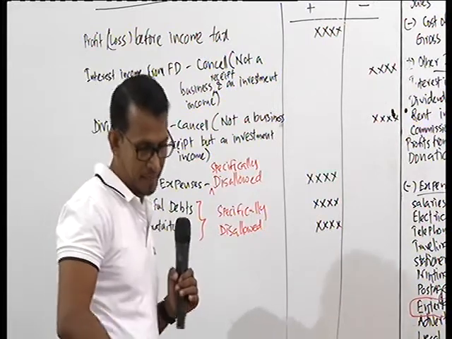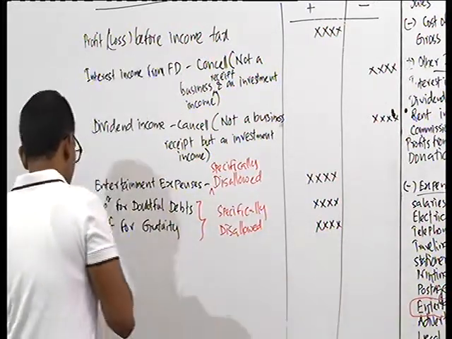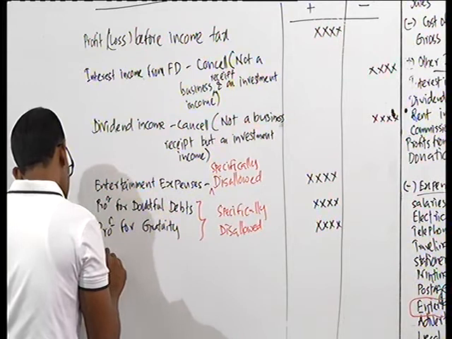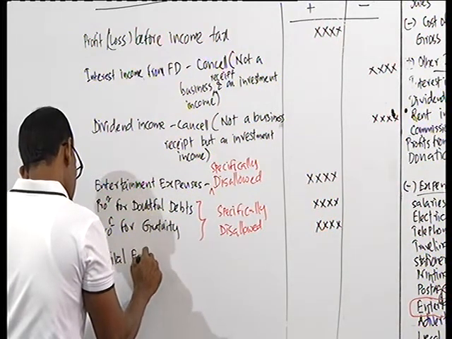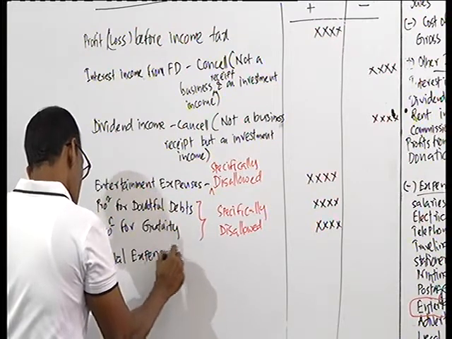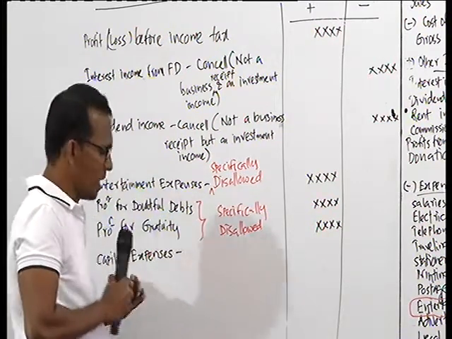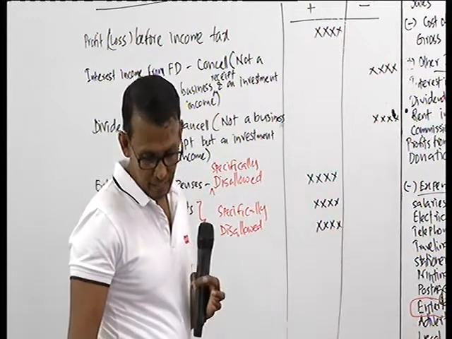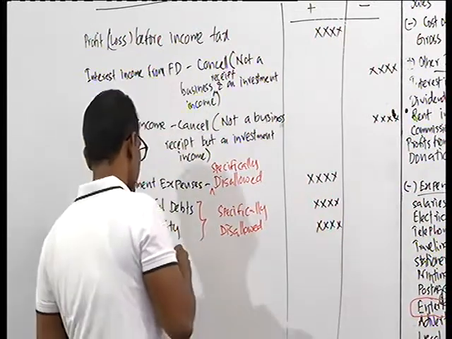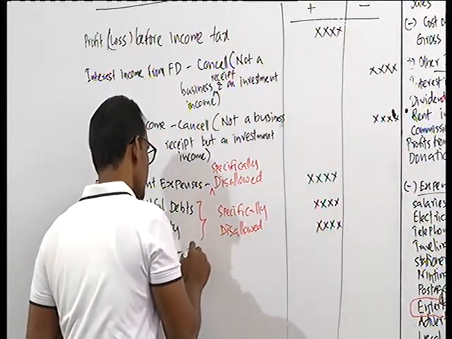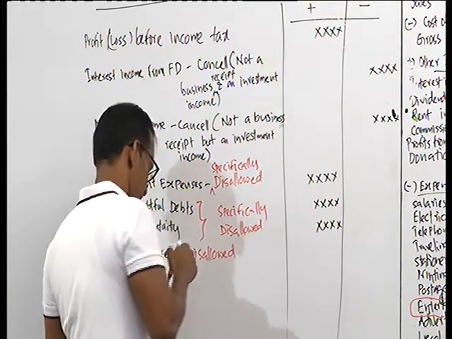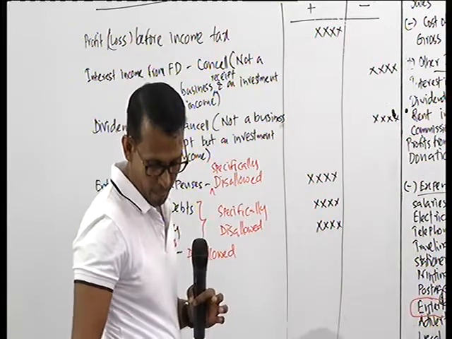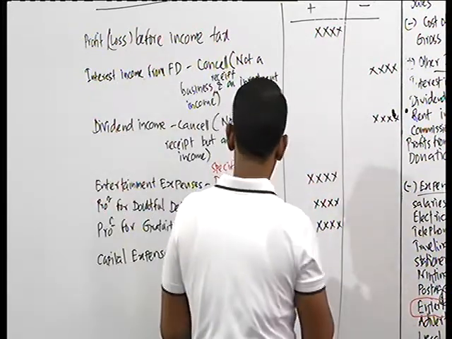So I simply say capital expenses here, disallowed. You have to add it.